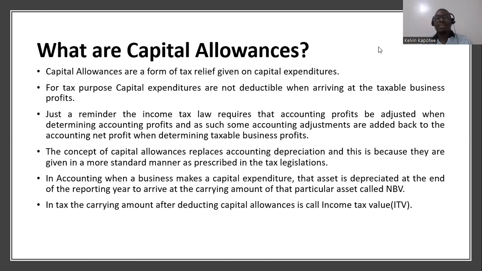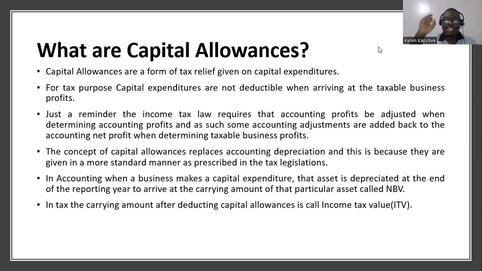So for tax purposes, capital expenditures are not deductible when arriving at the taxable business profit. Just a reminder, the income tax law requires that accounting profits be adjusted when determining taxable profits.